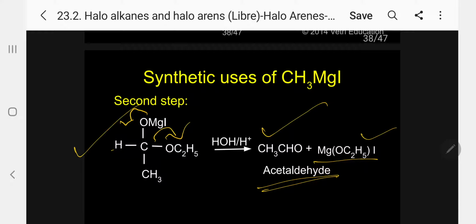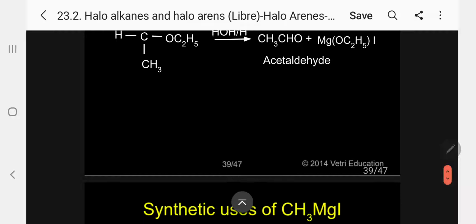Only in the preparation of acetaldehyde is it different. Because of the formate, the ethoxy is going out with the Grignard reagent Mg as ethoxy iodide. So, we are getting acetaldehyde.